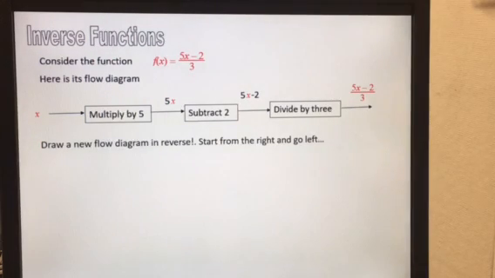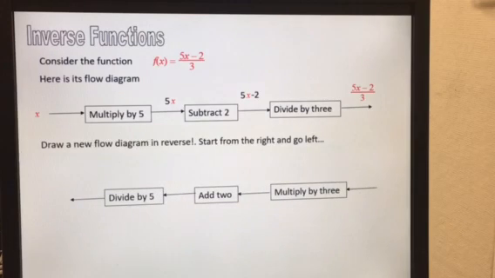So we start from the right and go in the direction to the left. We start with an x, an input. Instead of dividing by 3, we multiply by 3, and reverse subtraction into addition, so adding 2, and then dividing by 5, which is the reverse of multiplying.